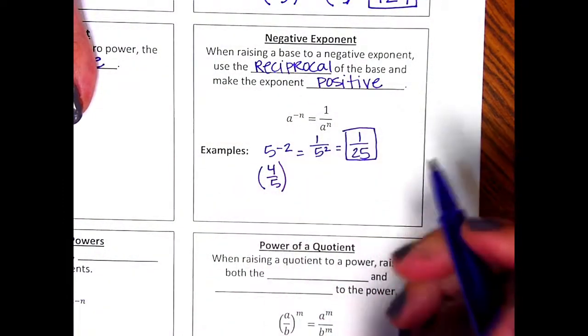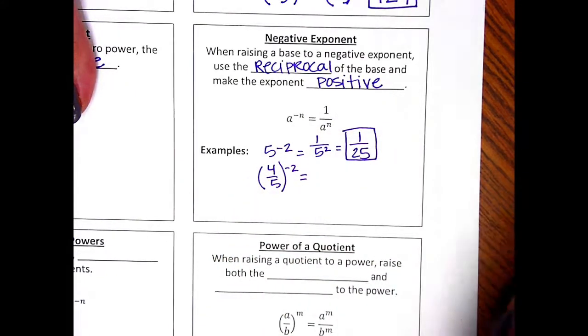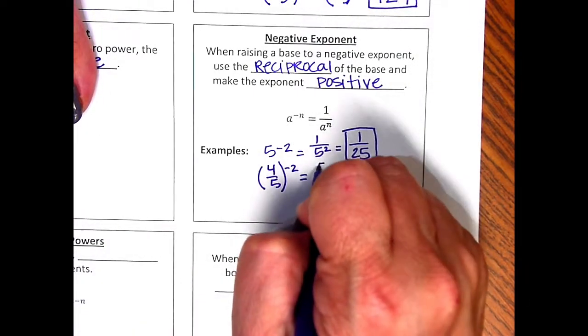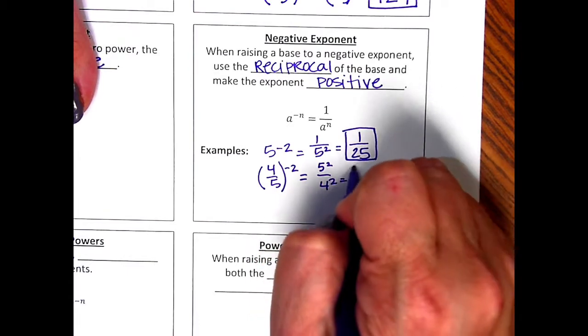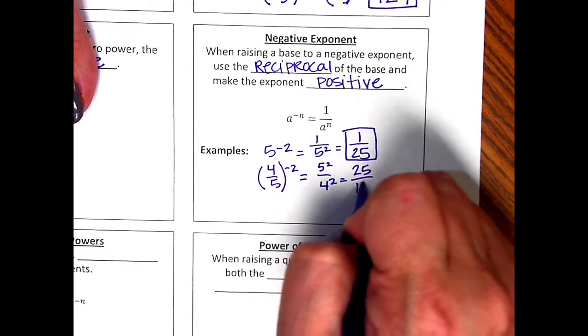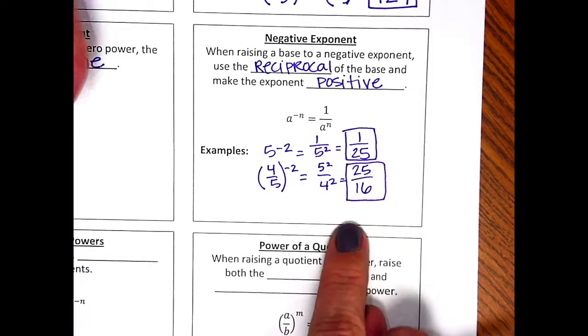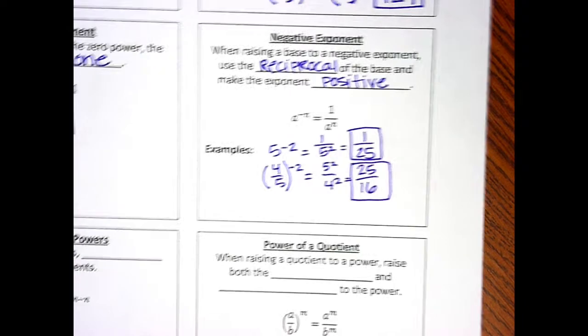With 4/5 to the negative 2nd power, I need to use the reciprocal, and then they're each going to be to the positive 2nd. So I have 5 squared over 4 squared, which is 25 over 16. If you can simplify fractions, of course, we're always making sure we simplify.